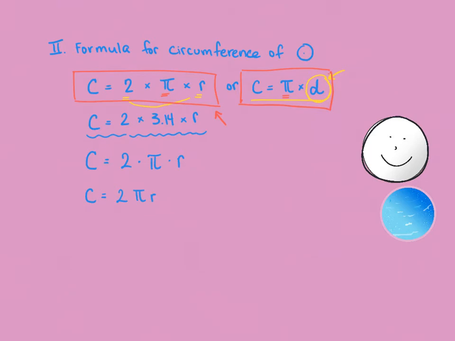That's pretty short and sweet and efficient, and we like that in math. Or you can say, even more efficient, pi times d, or pi d. So this is how we write them in the upper levels.